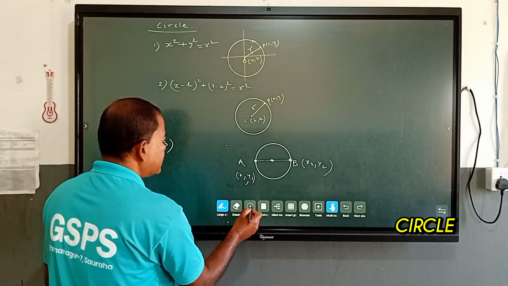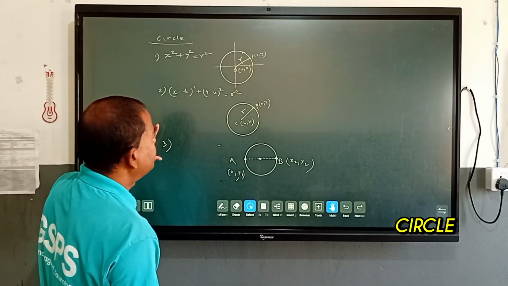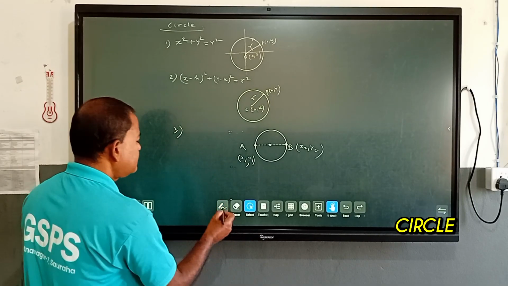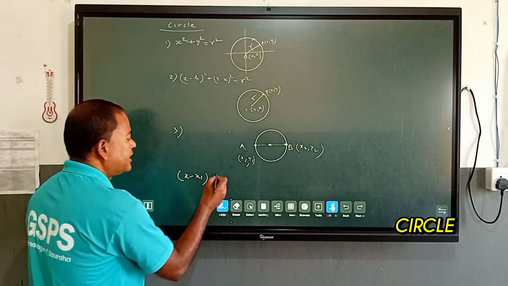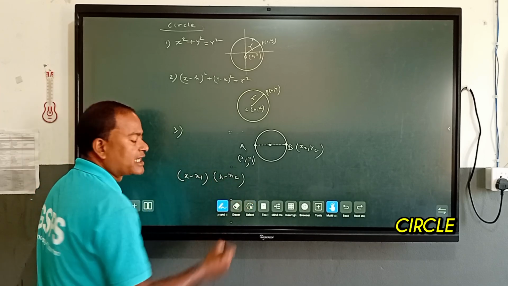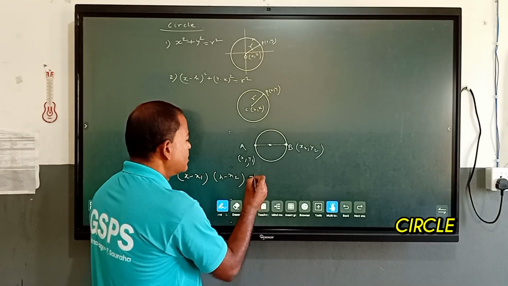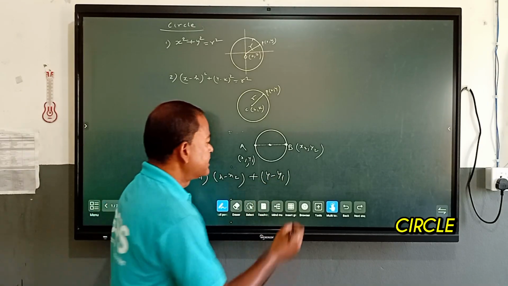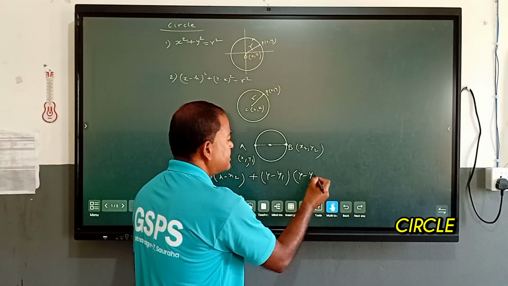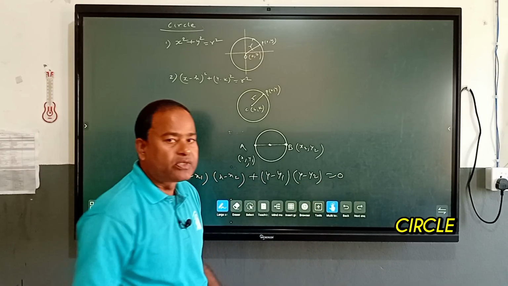The equation of circle in the diameter form is given by the formula x minus x1 into x minus x2 plus y minus y1 times y minus y2 equals 0.